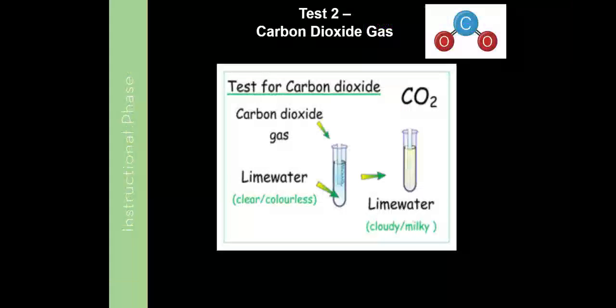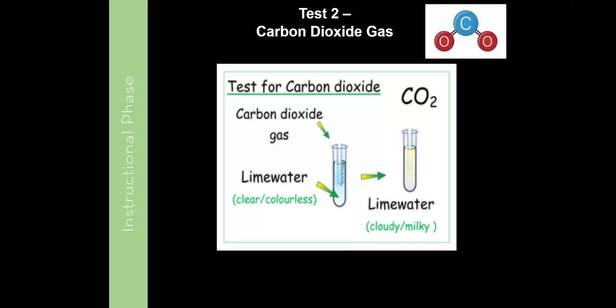Now test 2, the test for carbon dioxide gas. You should already know this one, we have covered this previously in lessons before. To test for carbon dioxide gas, when bubbles are being released by a carbonate, for example if you react a carbonate with acid, it will produce bubbles.